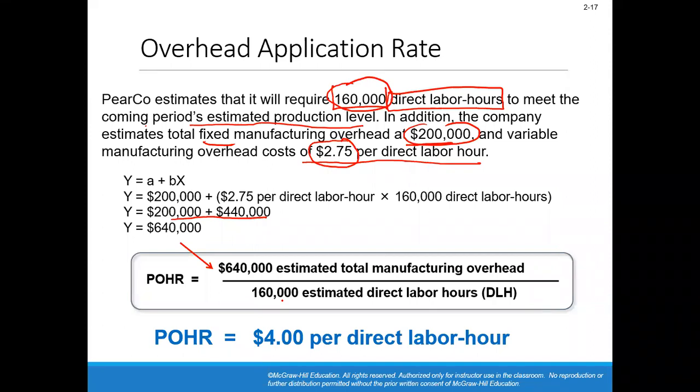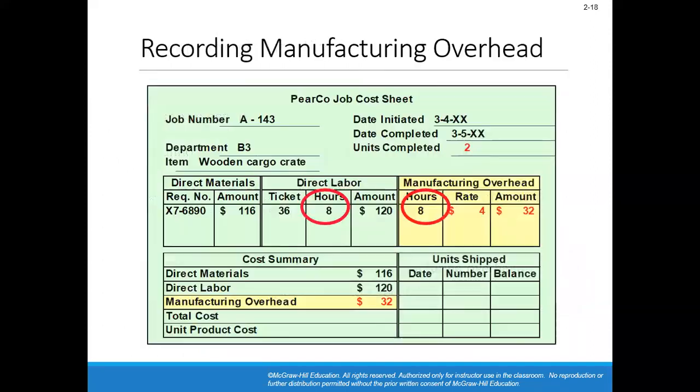So what I was saying is that for a particular job, we are thinking that it requires how many direct labor hours? 8 hours. We can take it as the base here, direct labor hours, because our predetermined overhead rate is based on direct labor hours. That's why I have taken the base from here.